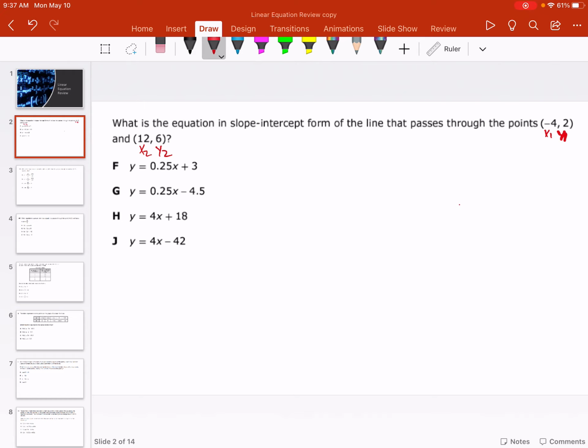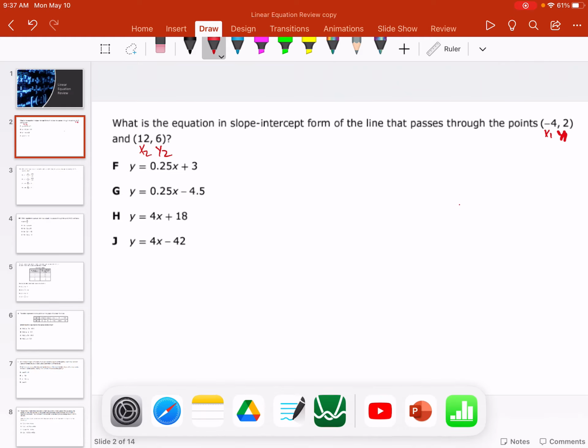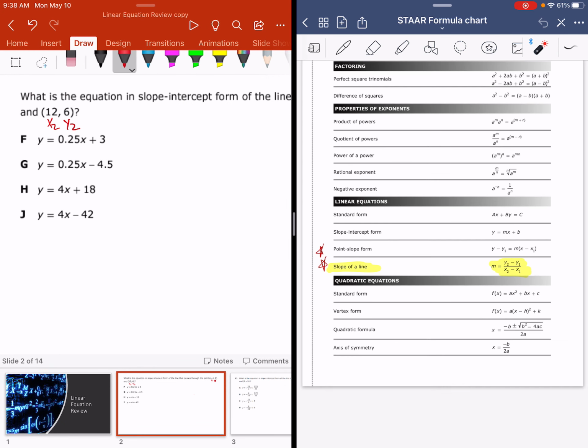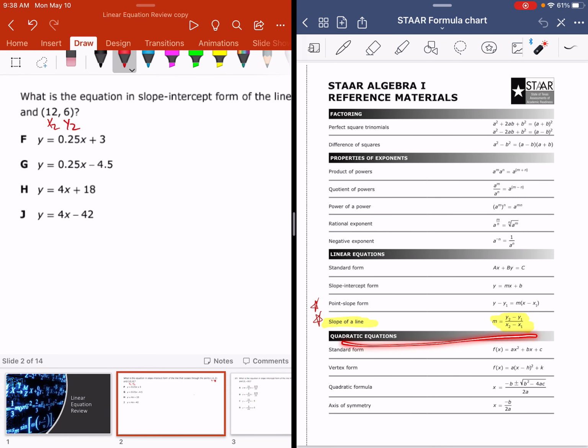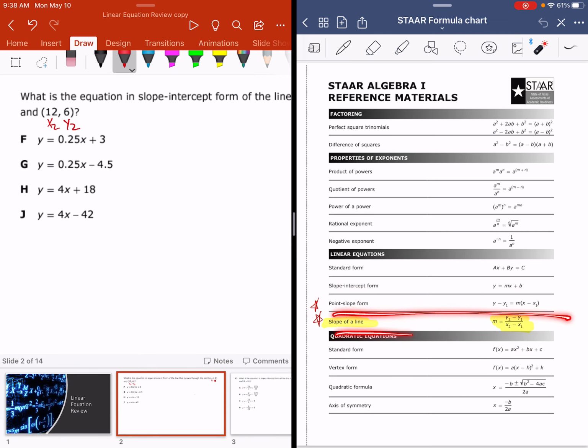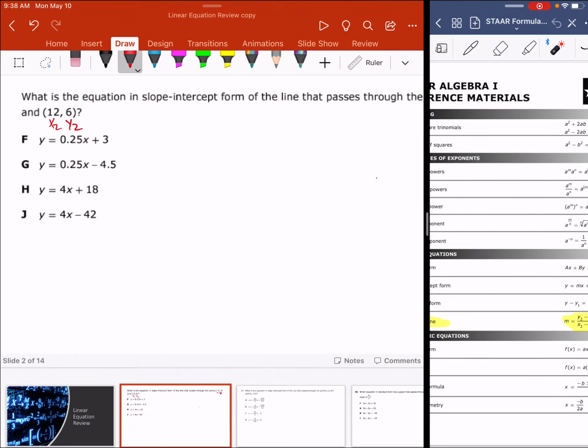This one is very simple. From these 2 points, we have to find the equation. If you remember, I told you to use these two a lot: point-slope form, and slope of the line. So let's find the slope first.